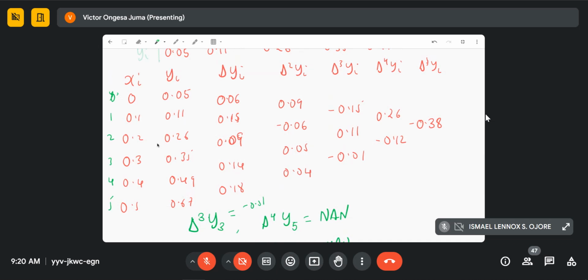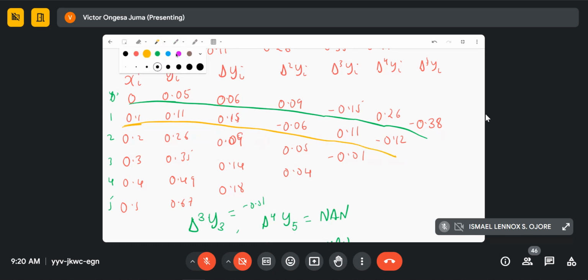Because remember, I said the horizontal table. So you are following this. This is anything to do with y0, and the next one here is something to do with y1. So if you are asked about y1, then you follow this.